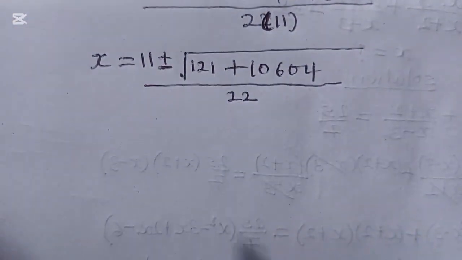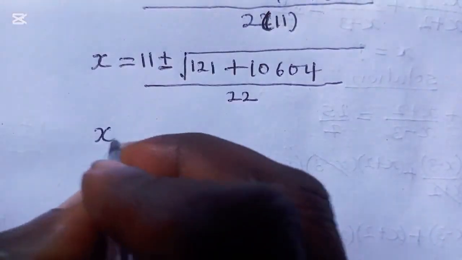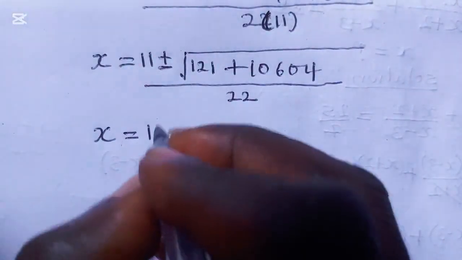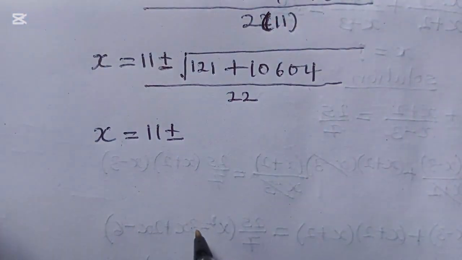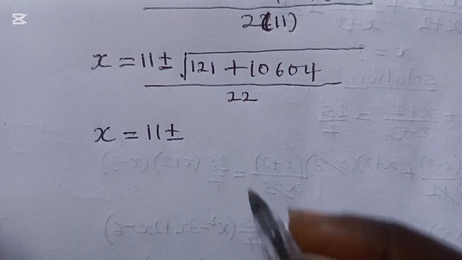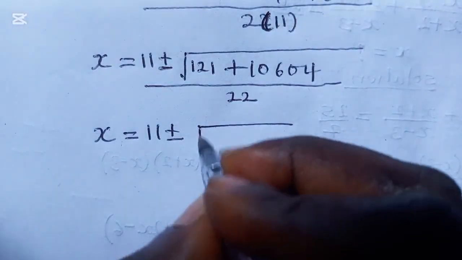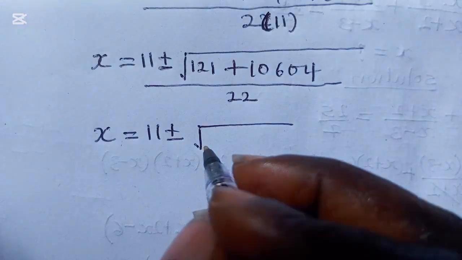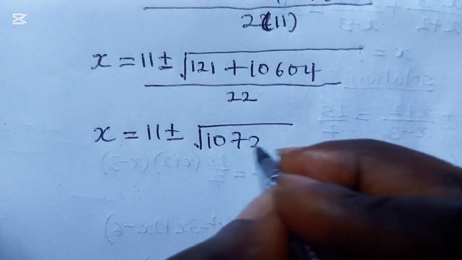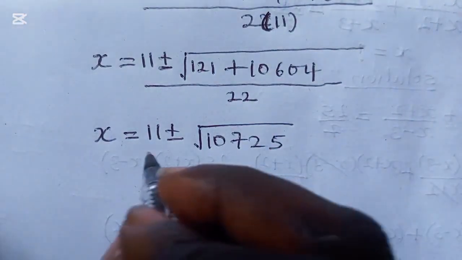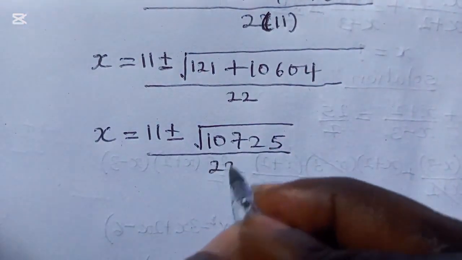So our x is now equal to 11 plus or minus square root of 121 plus 10,604, which gives us 10,725, all divided by 22.